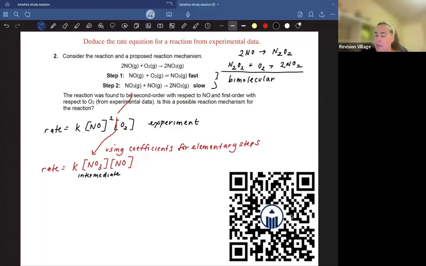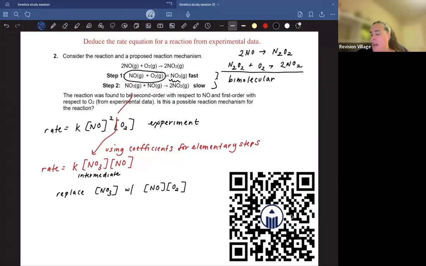And the first approximation is going to be asking ourselves, how fast is NO3 made? Well, NO3 is made at a rate that is going to be proportional to these two materials coming together. That is, NO and O2 colliding. And so I am allowed to replace the intermediate NO3 with the product of NO and O2.